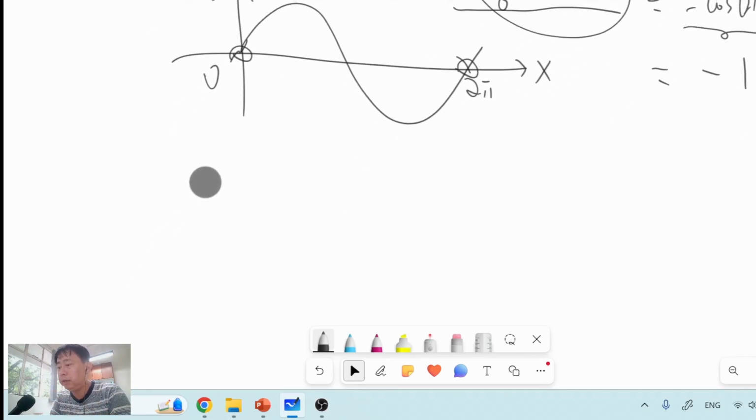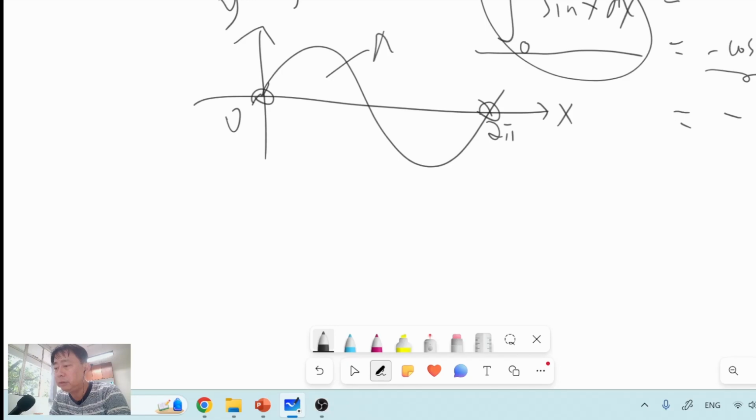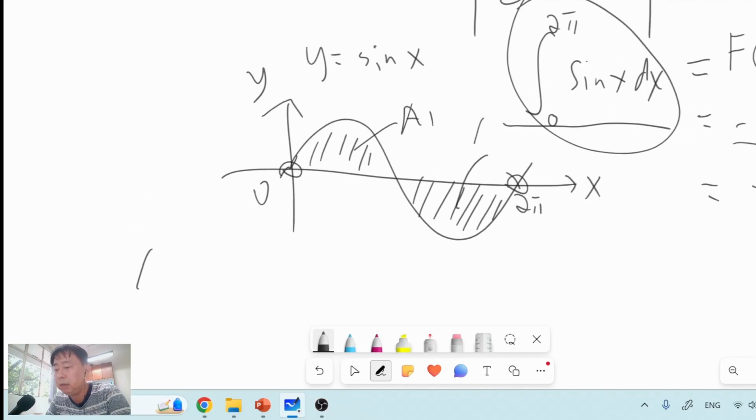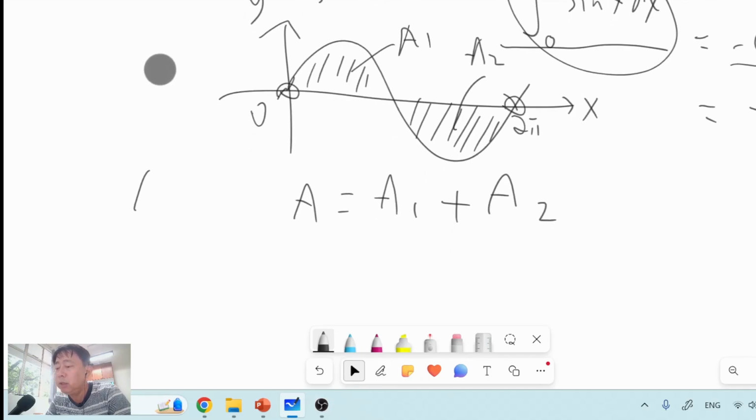So now we are going to the next question. We are asked to find the area of the sine function over the range of x between 0 and 2 pi. Therefore, you have to separate the calculation into two parts. The total area is understood to be contributed by the areas A1 and A2.